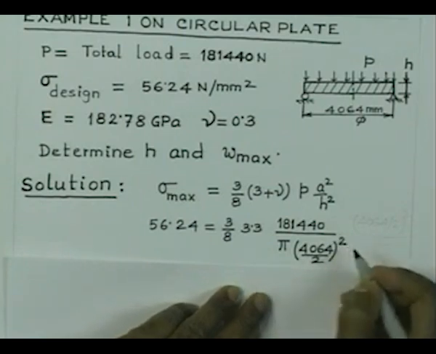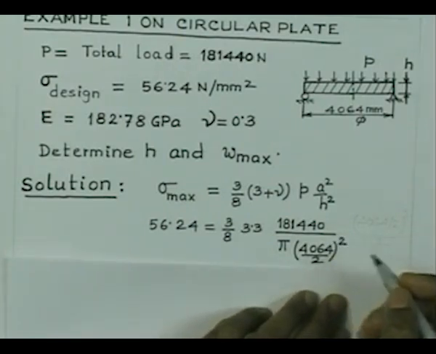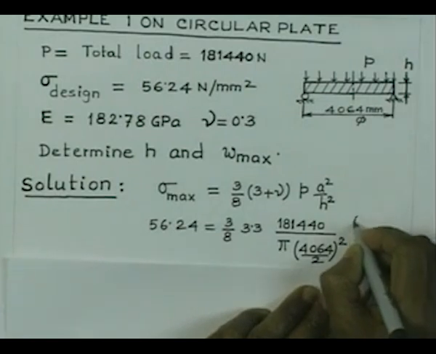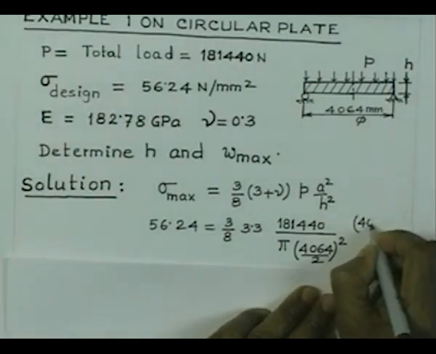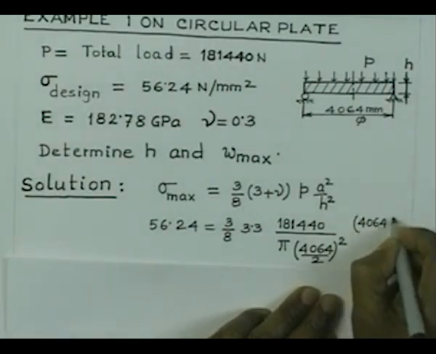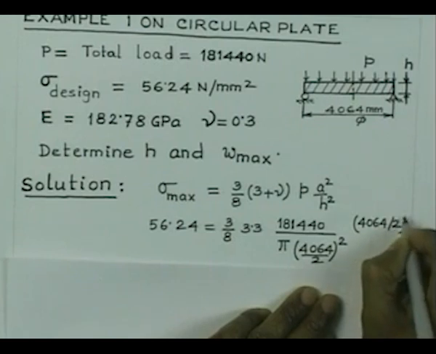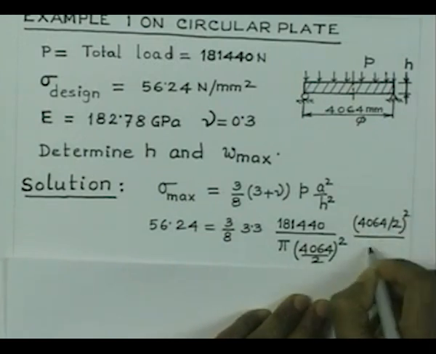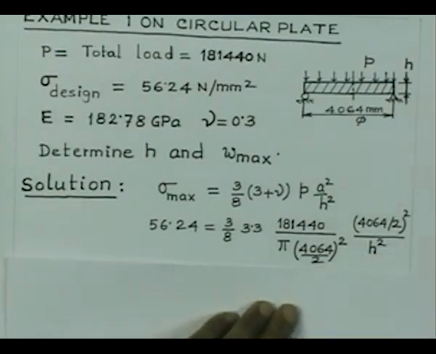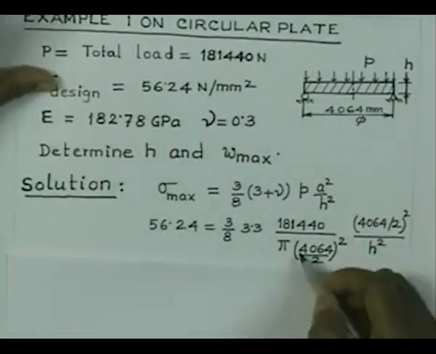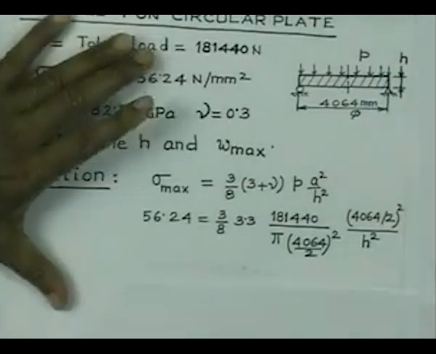That gives us the pressure in Newton per millimeter square, and A square is 4064 by 2 whole square divided by h square. That is simple substitution, and the terms cancel, and therefore, the calculations become simple.